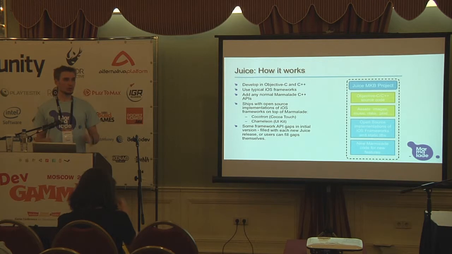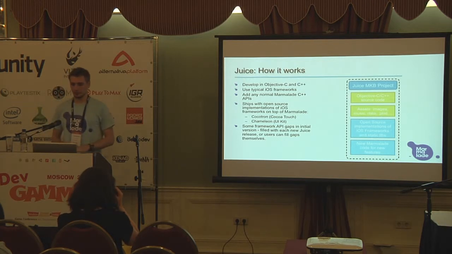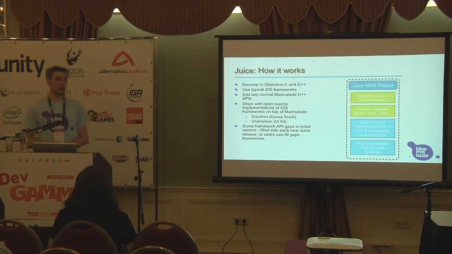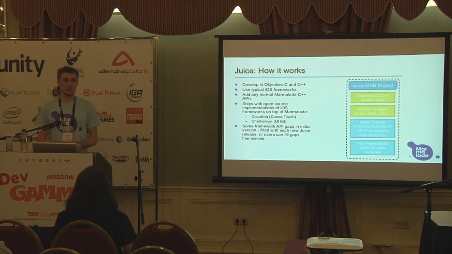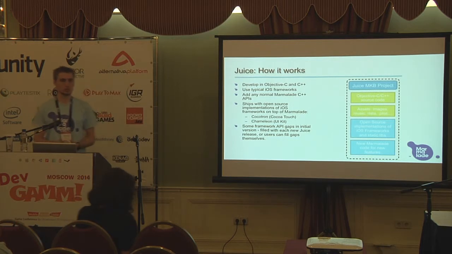What we provide is the source code for Juice. You can go to GitHub and download it. If you find missing APIs or gaps, you can always fill them yourself, because you have the source code, and that's great. Or you can wait till Marmalade fills those gaps.